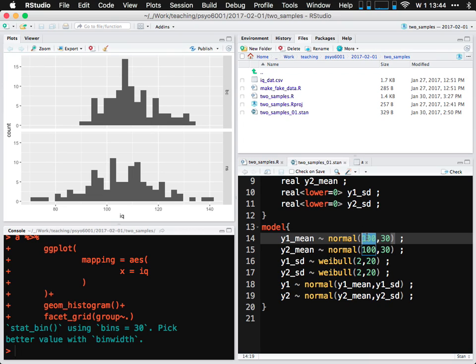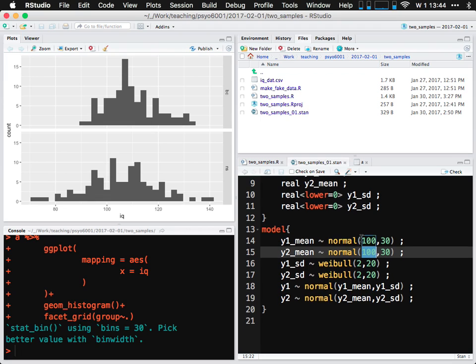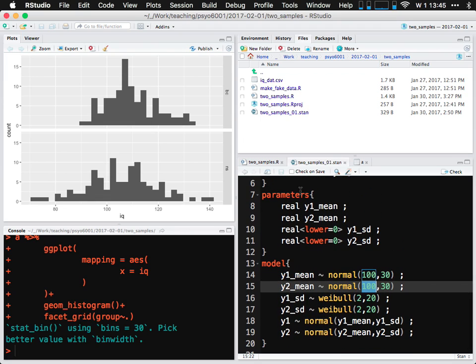Okay, because I was trying to remember if they were informed by the data or not. So here they're not really, I haven't shown you any tricks for this yet. What's in the parameters section right now? This is each individual mean and each individual standard deviation. Each group's standard deviation, each group's mean.